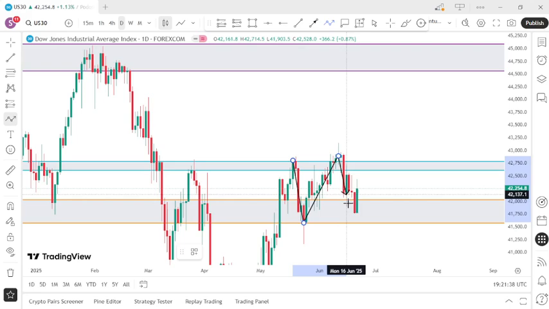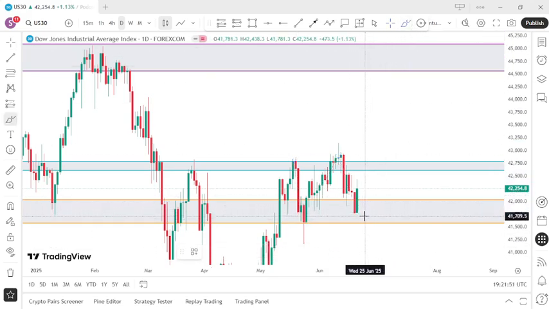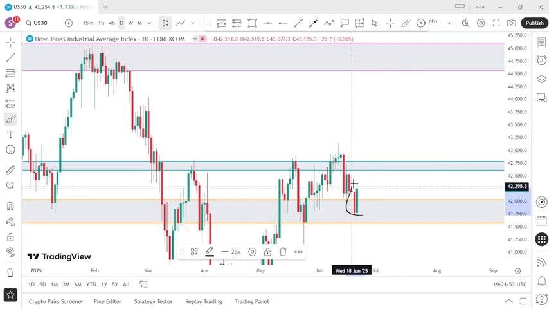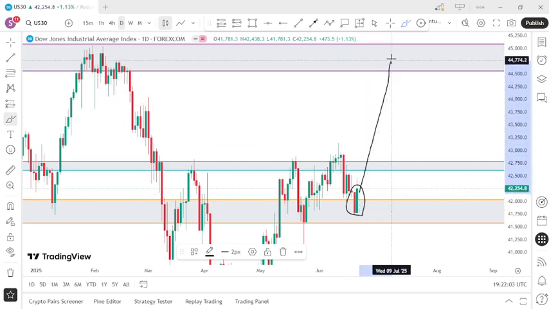Price went up, came for another retest, then creating a double bottom here. So we are seeing price moving to the upside. Another confirmation is this candle confirmation, a very nice bullish engulfing. So we are 100% sure US30 will move to the upside.